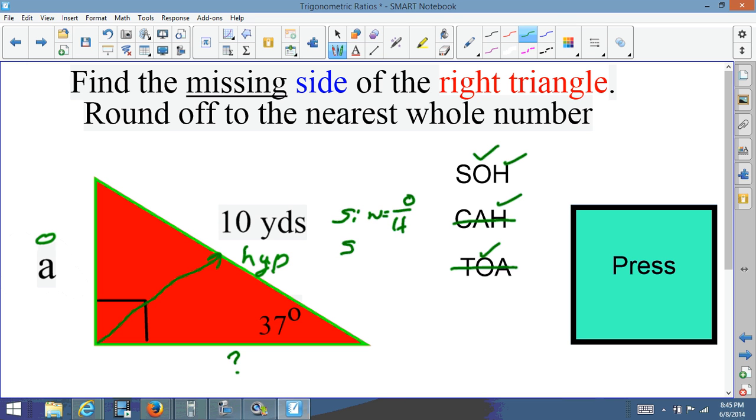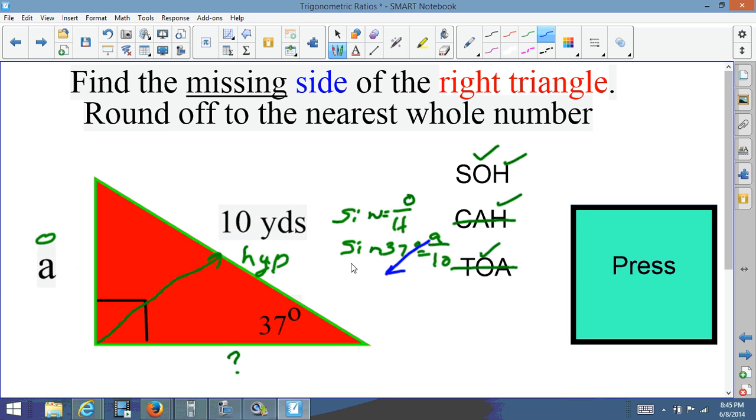So we have sine of 37 degrees. That's the angle that Sokotoa is standing at, and that's going to equal the value of A, whatever that is, over the hypotenuse, which is 10. So now to solve for A, do we just cross multiply?